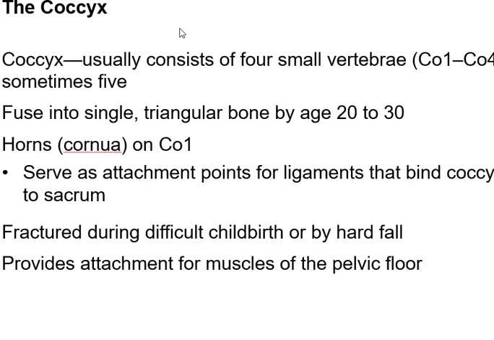Until you go through puberty, your coccyx, which is the very last little bit, we call it your tailbone, the last of the vertebral column, is not fused. It takes until you're 20 to 30 years old to finally fuse them. And sometimes people have 4 fused vertebrae, sometimes they have 5.